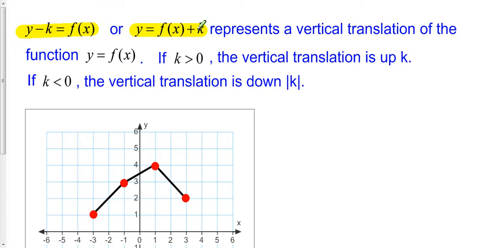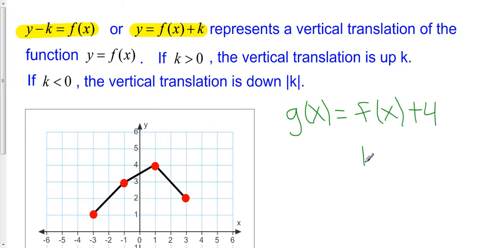If k is greater than 0, the vertical translation is going to go up. So for example, I might say let g of x equal f of x plus 4. Here k equals 4, which means that my translation is going to be up 4.